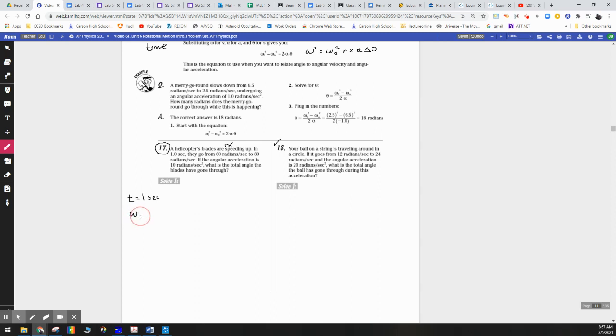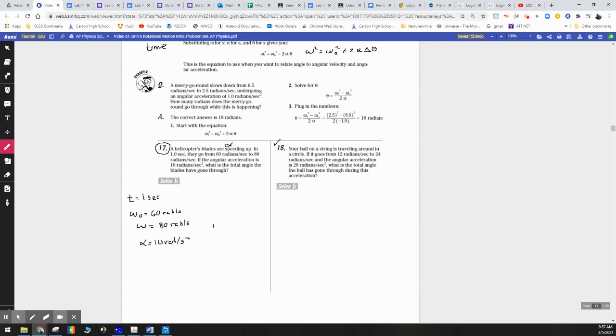So omega was initially 60 radians per second, and the final omega is 80 radians per second. The angular acceleration alpha is 10 radians per second squared.